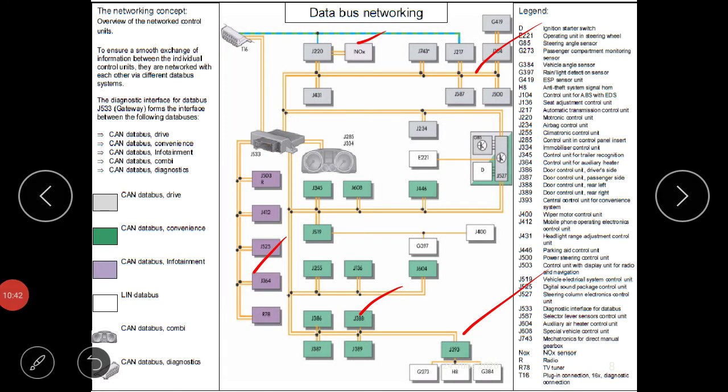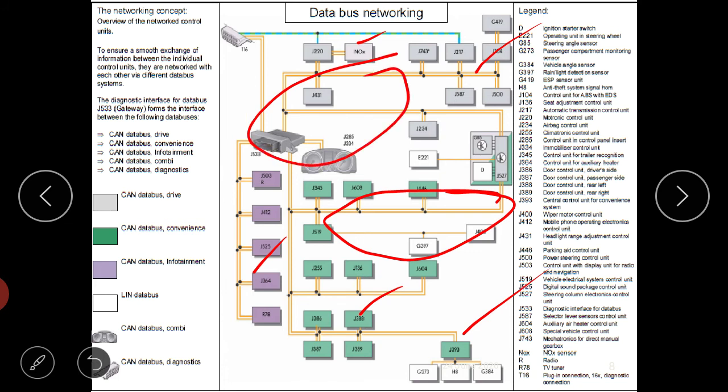So in this data bus networking, as I stated earlier, I have marked different controllers in this diagram, and these controllers are connected to each other. These yellow lines, you can see these yellow lines, connect them to each other so that they can share their information, so that data transmission can take place, and accordingly action of the vehicle takes place.